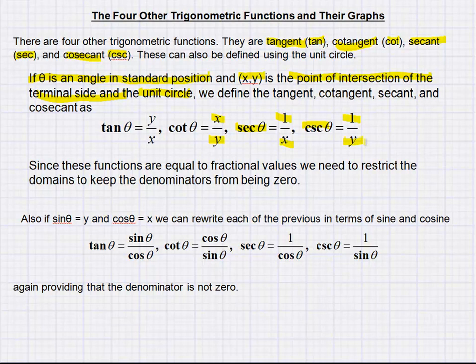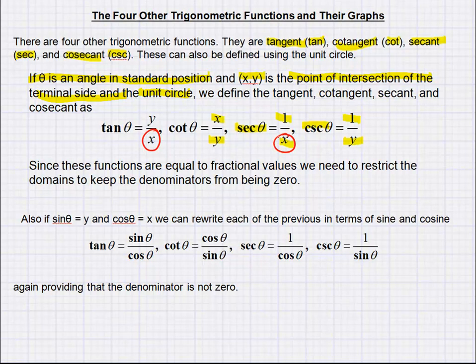Now there's one issue with this, which is that these functions are all defined in terms of fractions. Well, if they're defined in terms of fractions, there's a problem, and that is that some fractions' denominators could end up being 0, and you don't want that. Well, look at this. Tangent has x in the denominator, secant has x in the denominator.